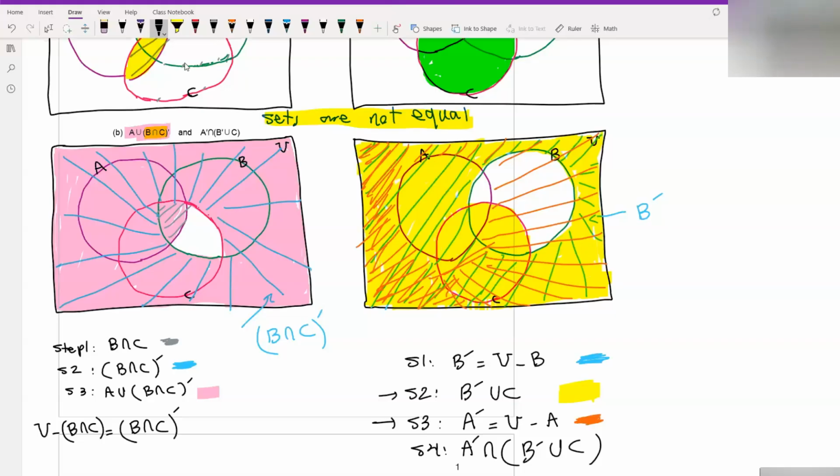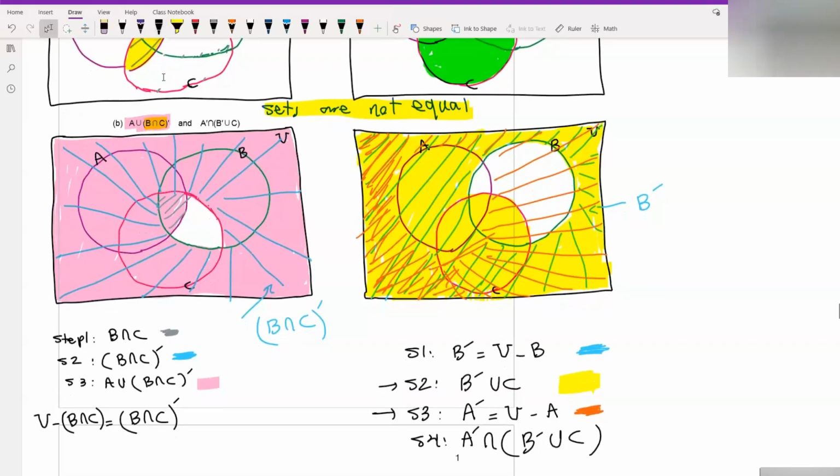So between yellow and orange, find intersection.